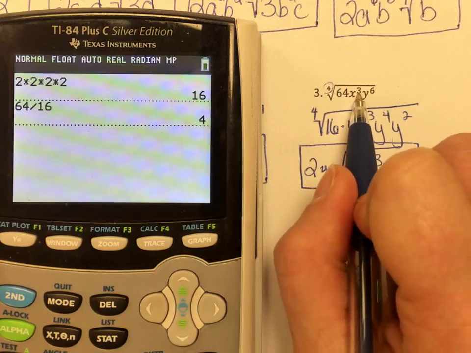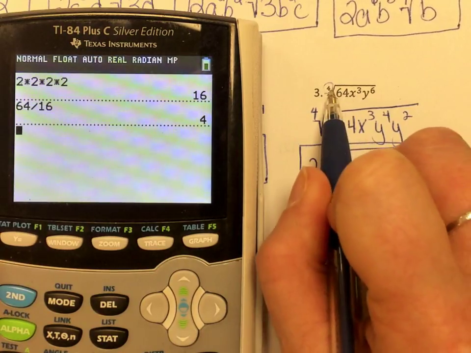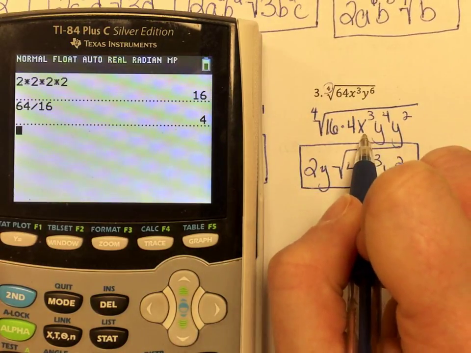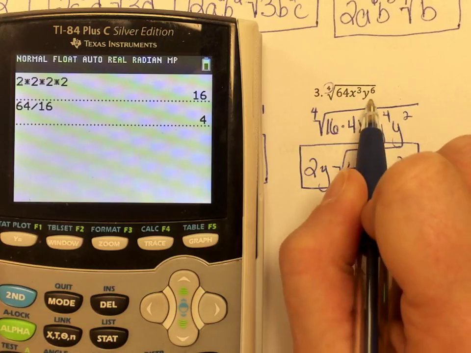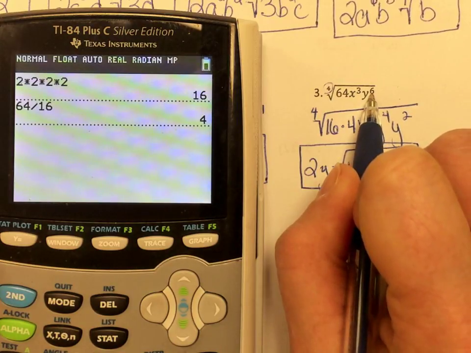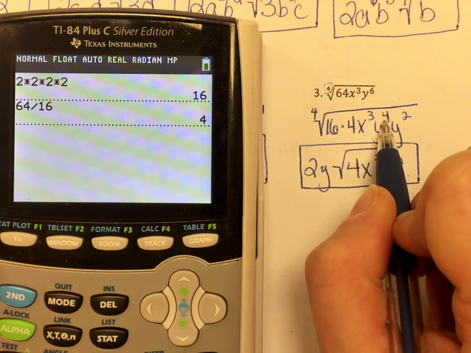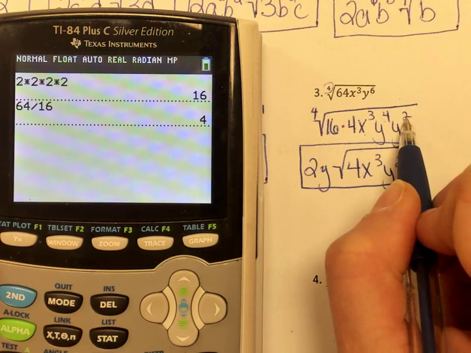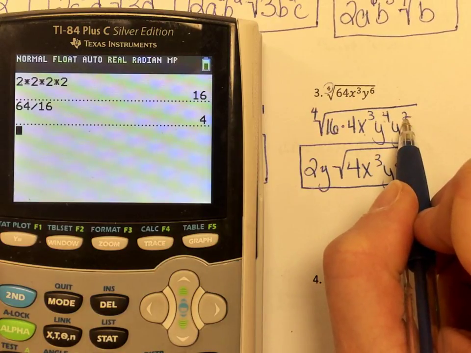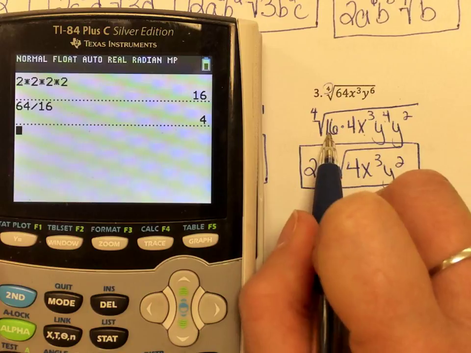Okay, can I ever make 3 divide by 4? No, so you're just going to bring it down. X to the third. Okay, 6. What number under 6 will divide into 4? 4. Okay, how many more do I need to make 6? 2. Okay, what's the fourth root of 16?